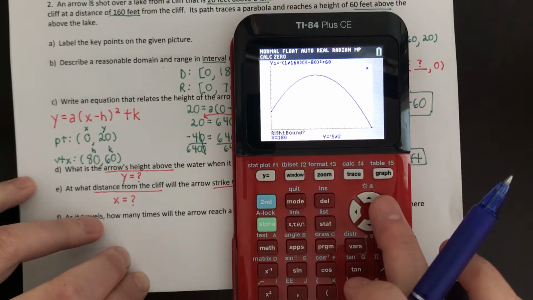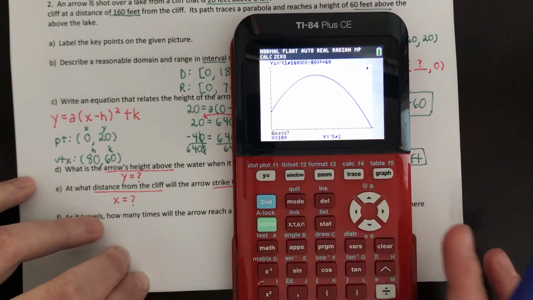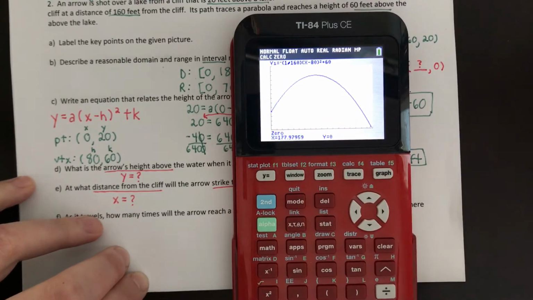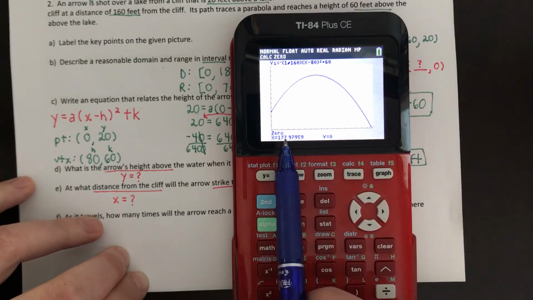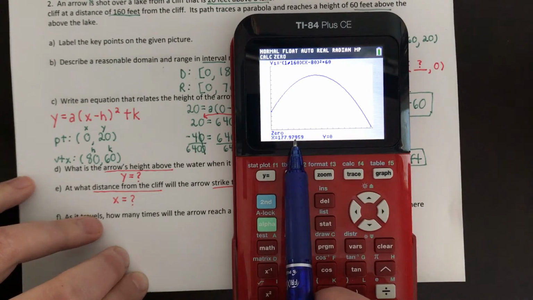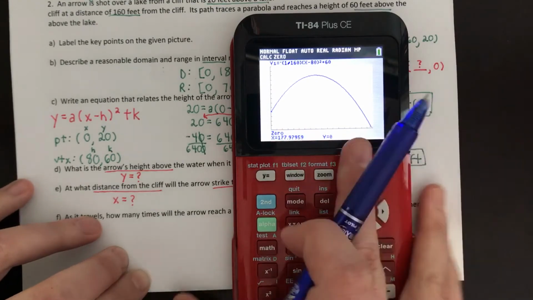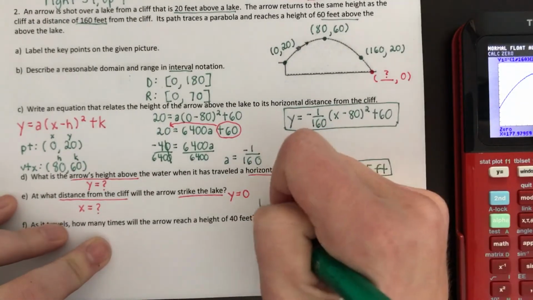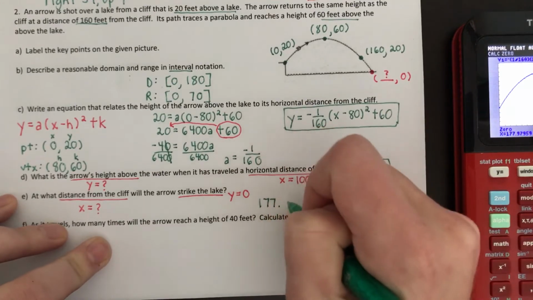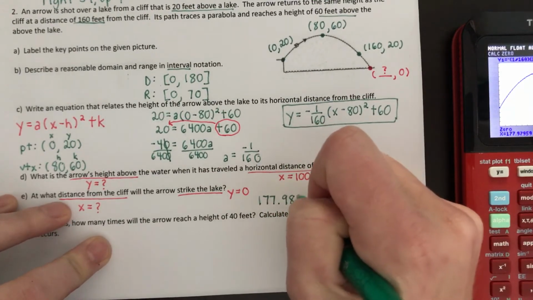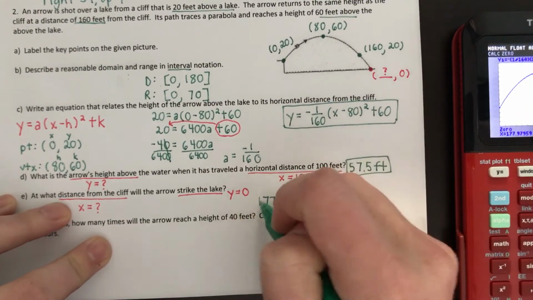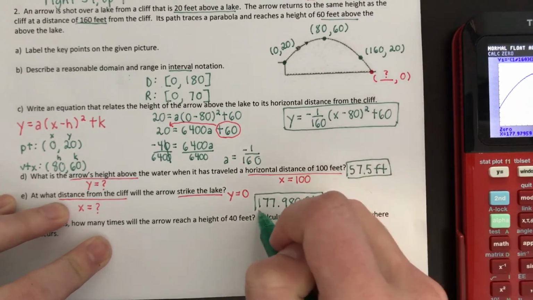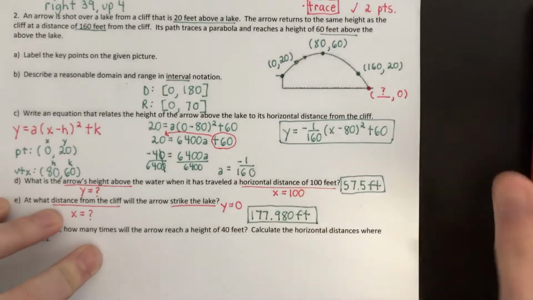And then you're going to have to go off the screen to get the right bound, hit enter. And if you hit enter again, it should work. So it's saying that that horizontal distance is 177.9795. So that's going to round up to 80. So the answer is 177.980 feet.